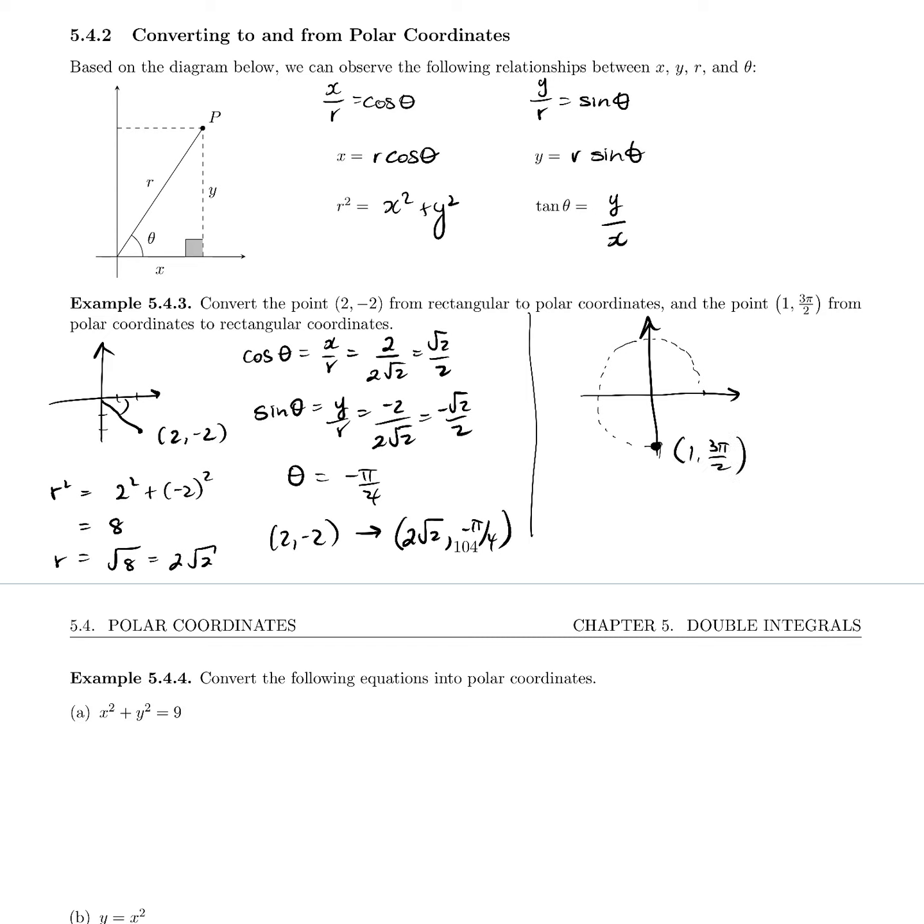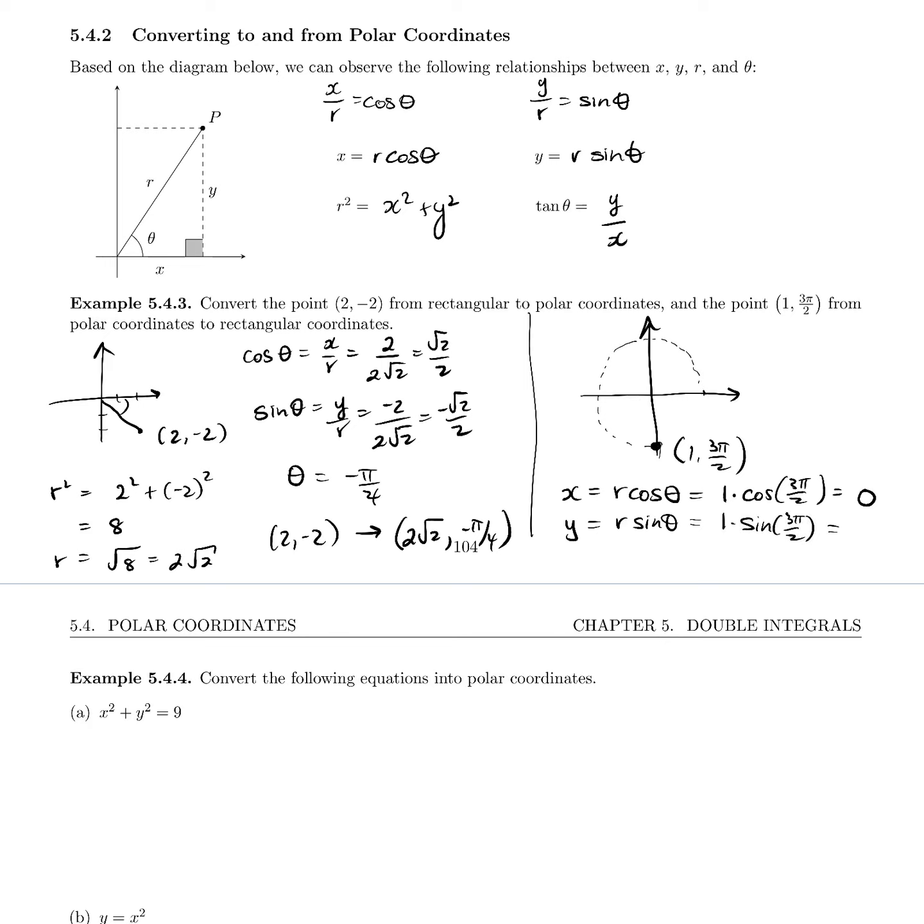Now converting this direction is actually much easier. We're going to just plug into r cos theta and r sine theta. So x is r, which is 1, times cos of 3 pi over 2, and the cosine of 3 pi over 2 is 0, and so 1 times 0 is 0. y is r sine theta, and so now we have 1 times the sine of 3 pi over 2.